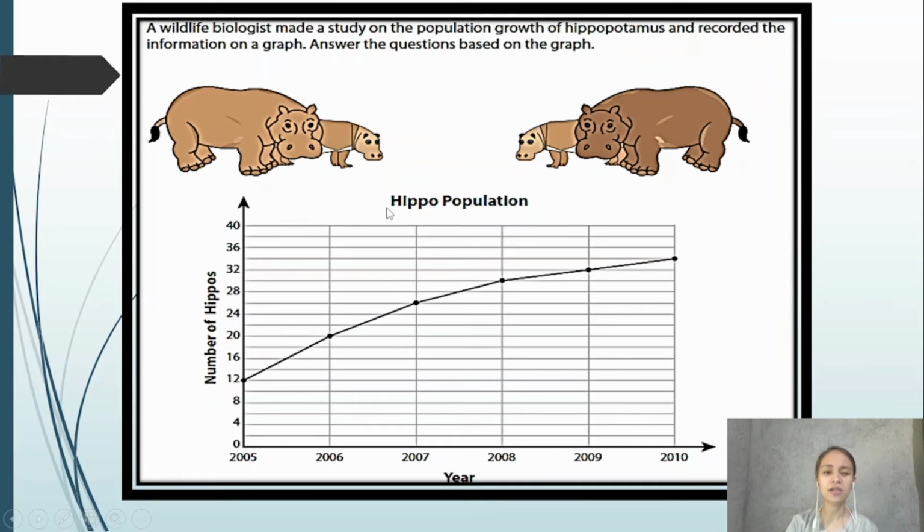The title of the line graph is Hippo Population. The x-axis, the independent variables, are the years 2005, 2006, 2007, 2008, 2009, 2010. And these are the number of hippos.